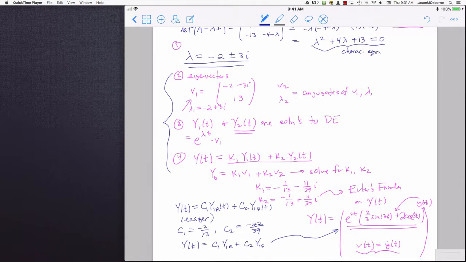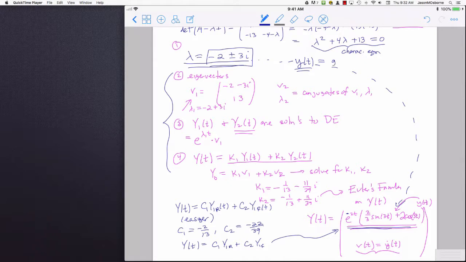If you compare to what happened after we went through all the details, you can see the structure here, that y of t, the first entry, isn't e to the negative 2t when we factored it out. Sorry, the eigenvalues completely determine your solution.